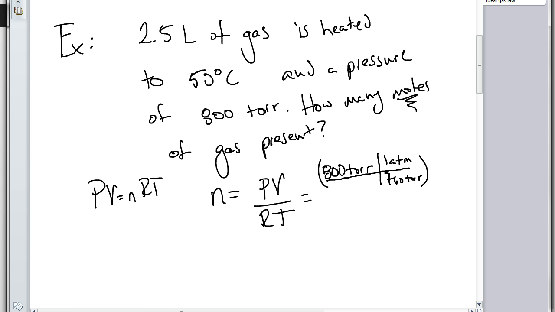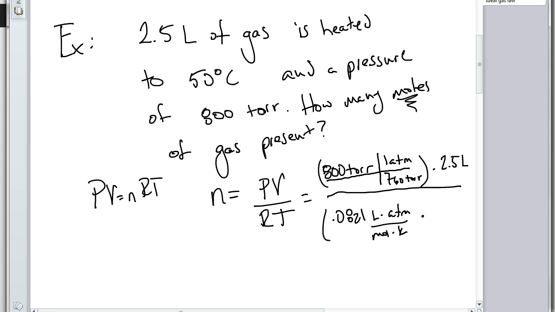I'm going to multiply that value by the volume, which in this case is 2.5 liters. Then I'm going to divide it all by the ideal gas law constant, 0.0821 liters atmosphere per moles Kelvin, which is then going to be multiplied by the temperature, which is 50 degrees Celsius.